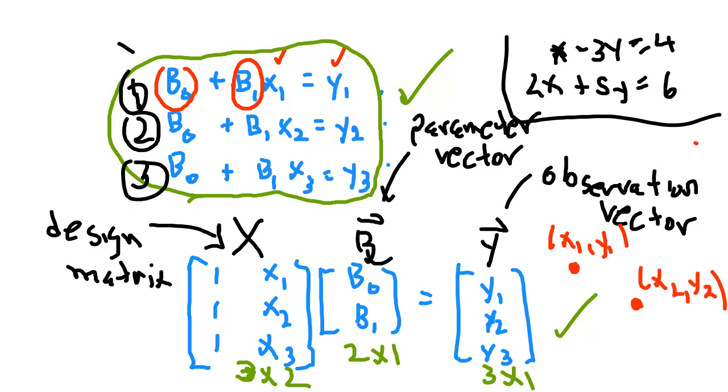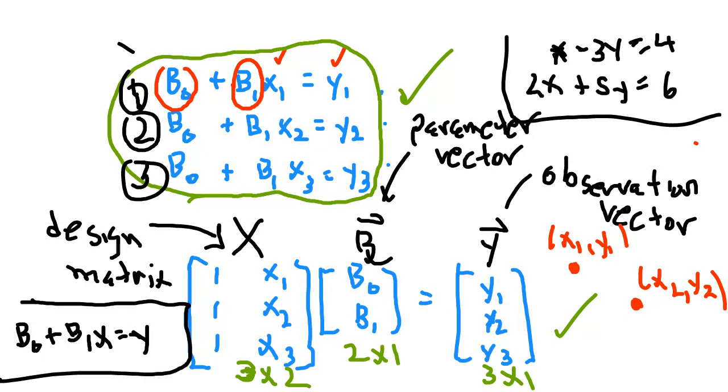A line, and remember, in this situation our model is beta 0 plus beta 1 x equals y. That's the model we're using for this data.